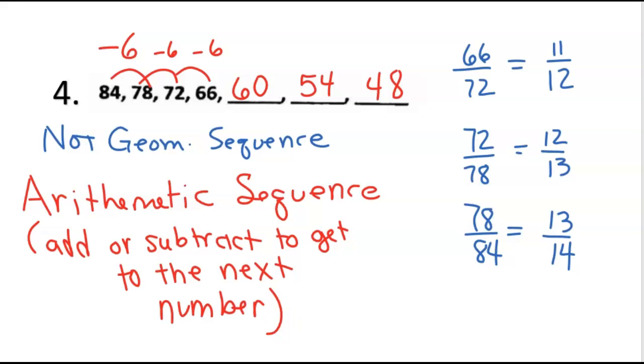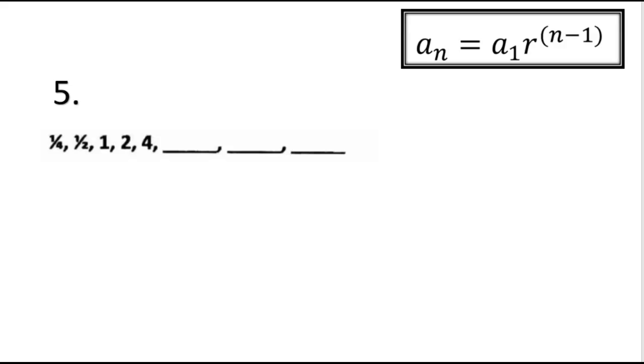So we can't use our geometric rule on this because it's not geometric. To find out if this is a geometric pattern, a geometric sequence, you have to see if there's a common multiplier. So take the number and divide by the number in front of it.